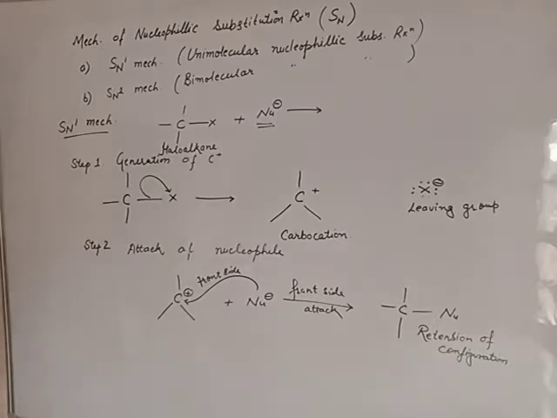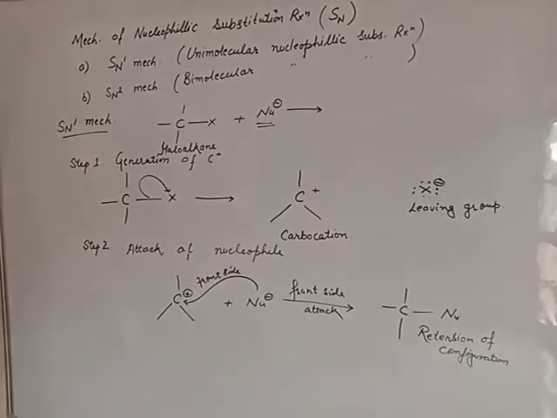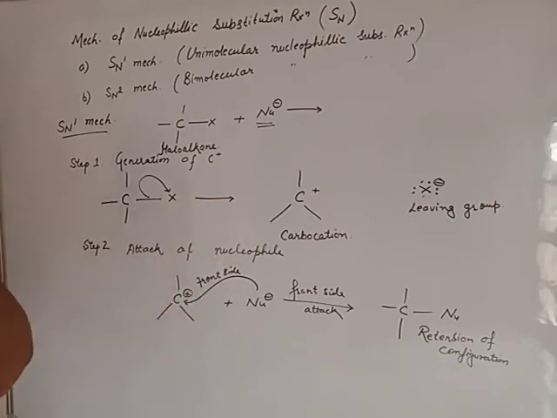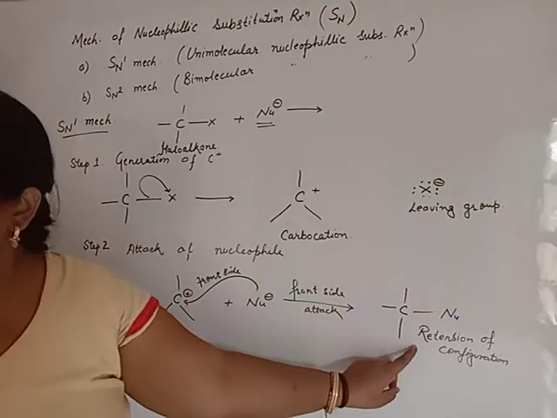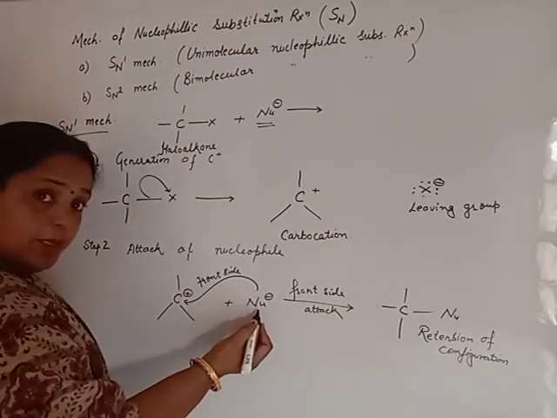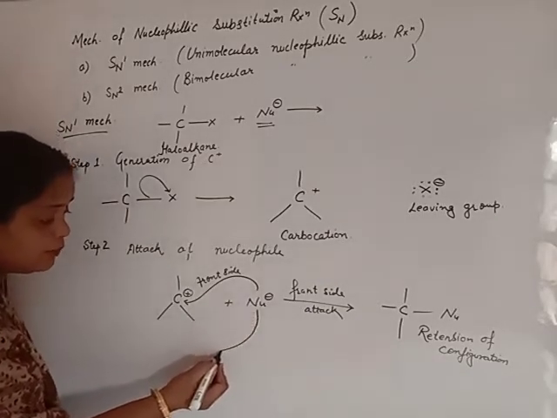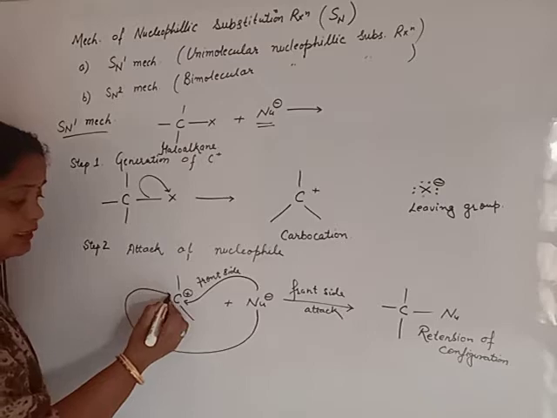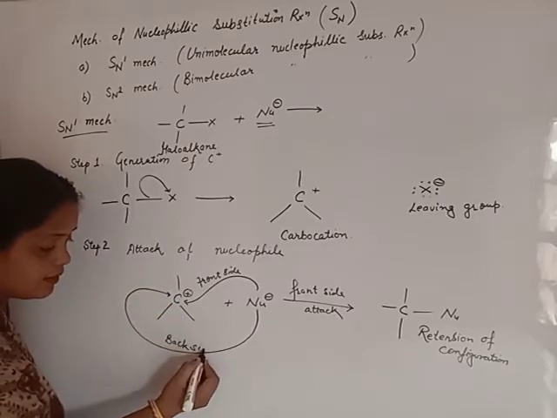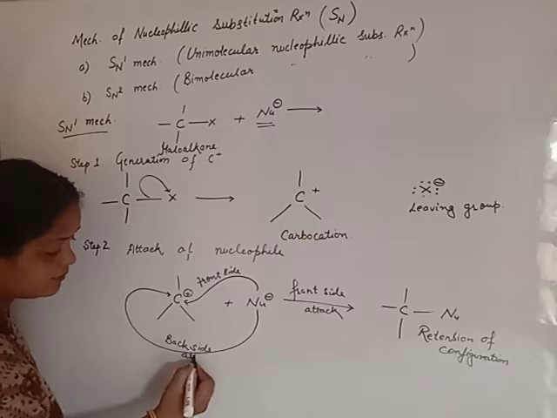Beta, in case of carbocation, when nucleophile attacks the carbocation from front side, it will give retention of configuration. The same nucleophile has another position to attack, that is the backside attack.